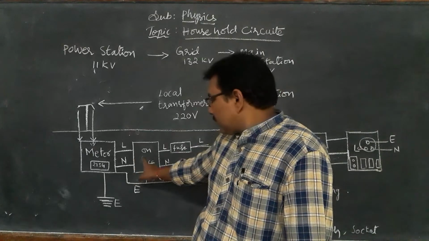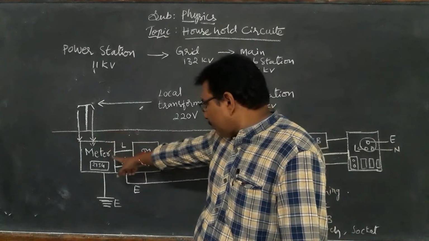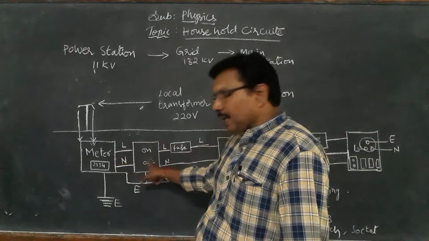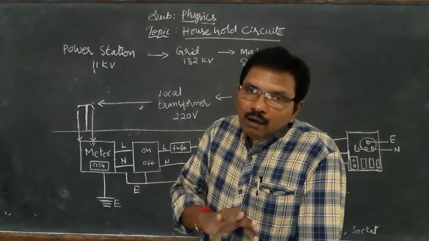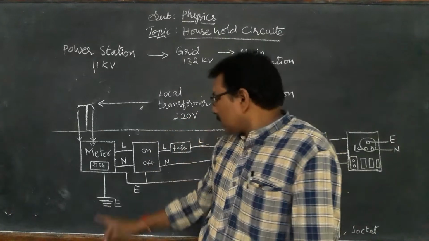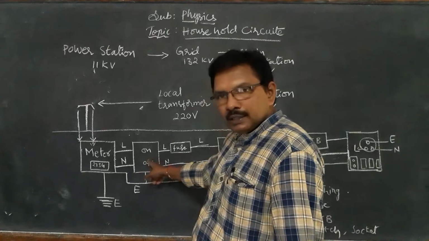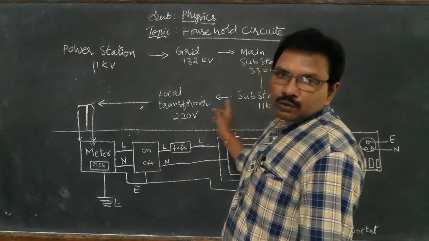Here only we can disconnect the current from the meter to the house, from the pole to the house, through the main. At the main we can switch on or off. If it is on, then current flows continuously to the house.